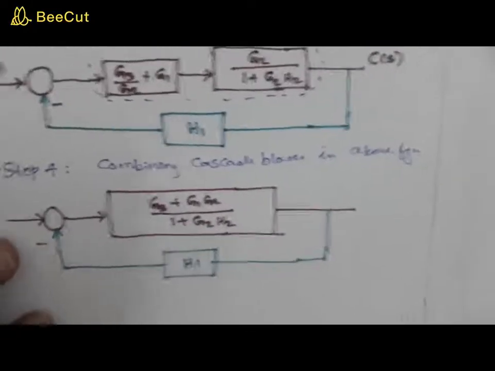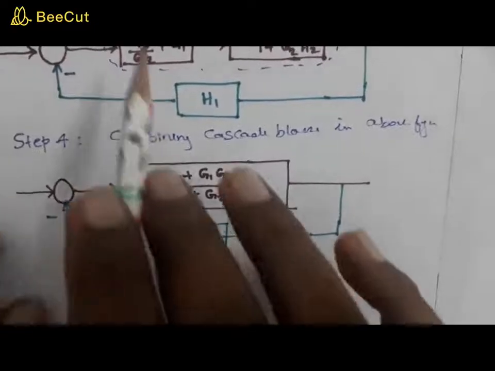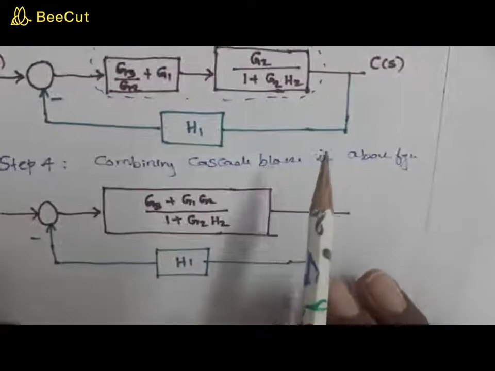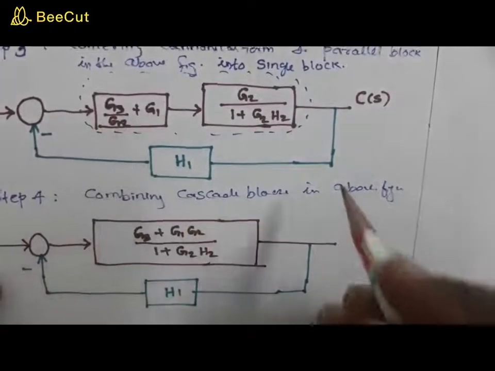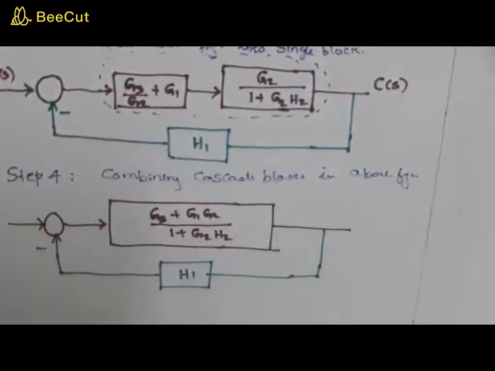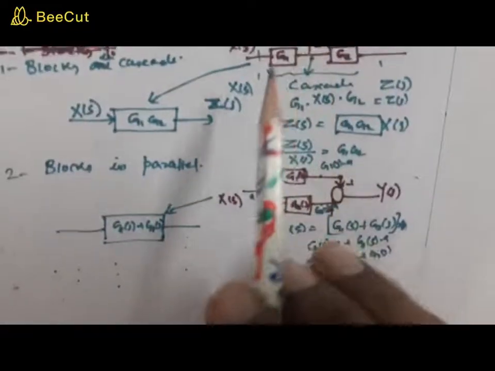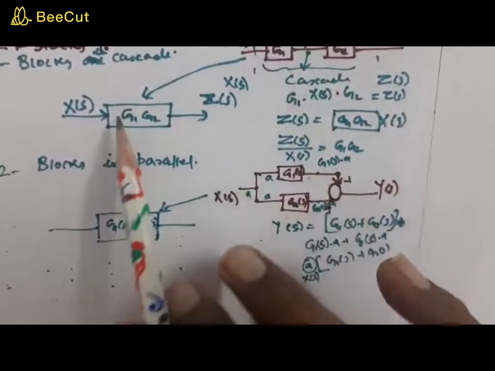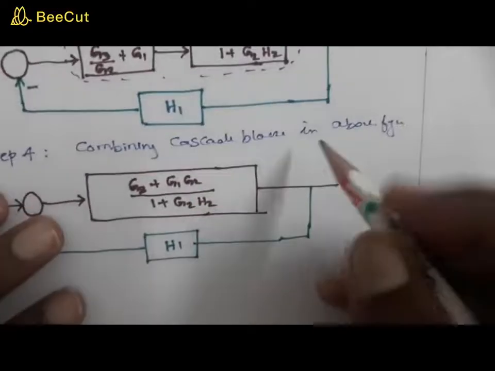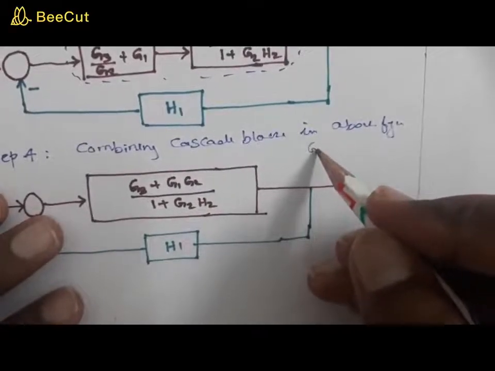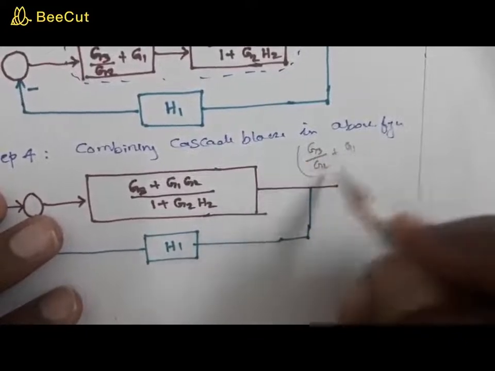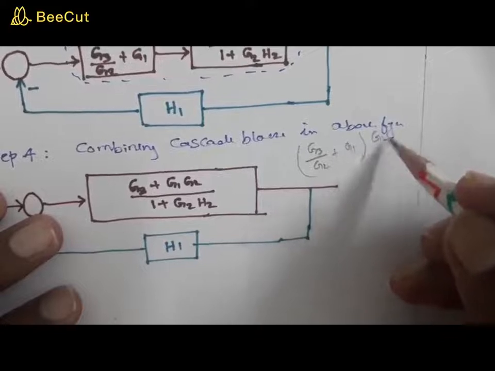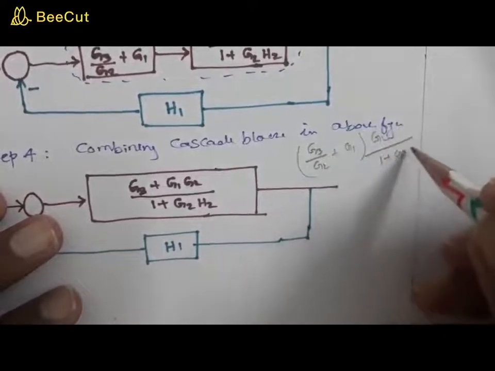Coming to step 4, you are combining these two blocks, that is g3 by g2 plus g1 into, as we have studied earlier, when two blocks are in cascade, the effective transfer function will be g1 g2, right? G1 into G2. So using that, you can write this like this. G3 by G2 plus G1 into G2 divided by 1 plus G2 H2.